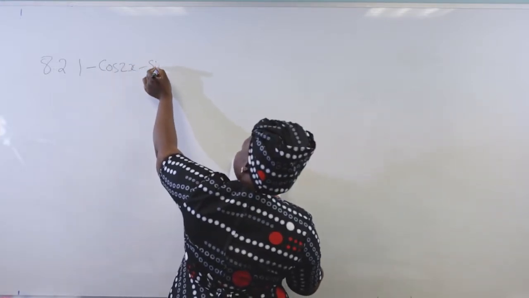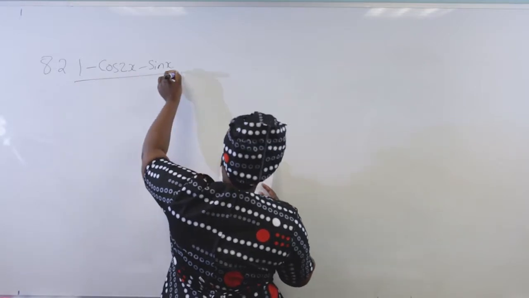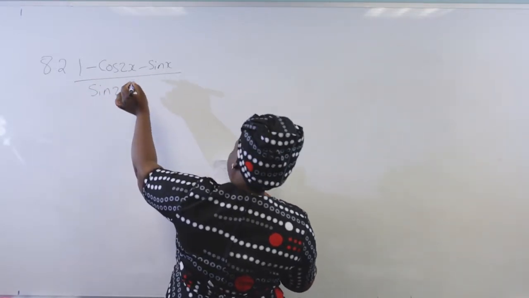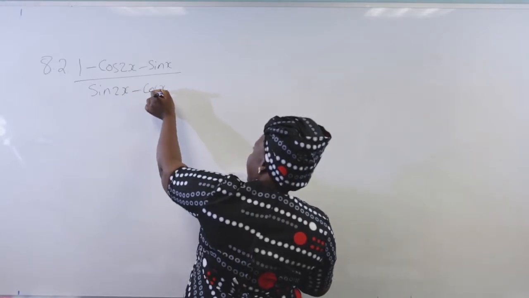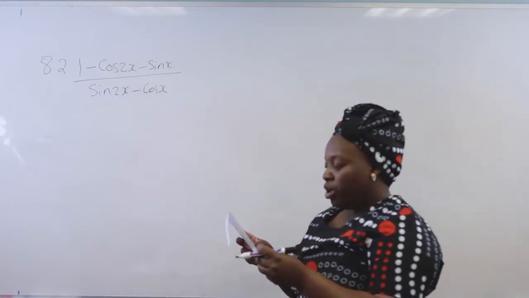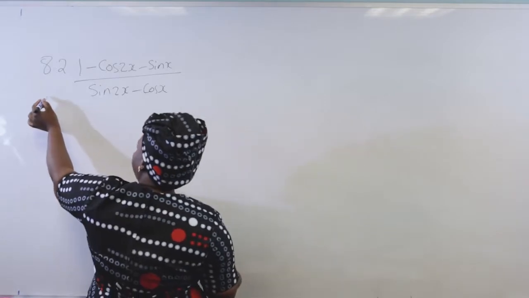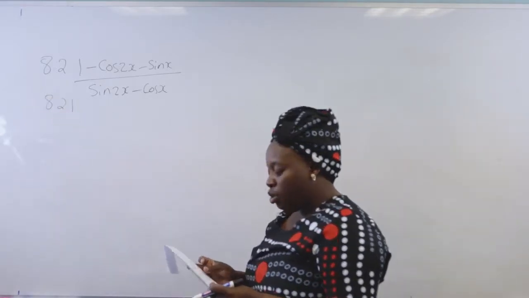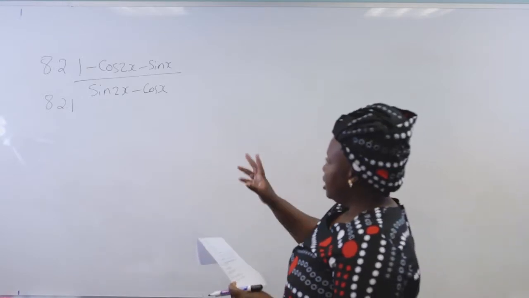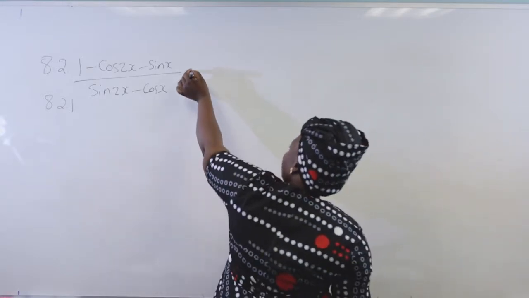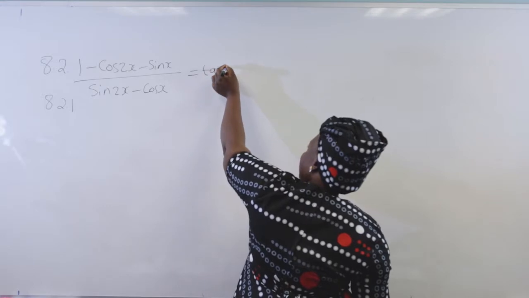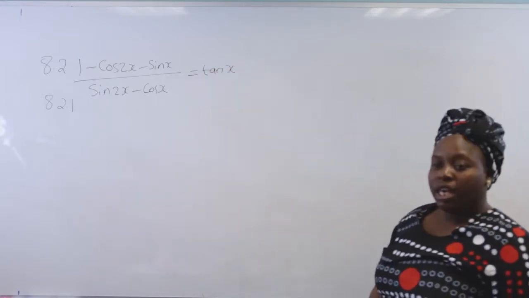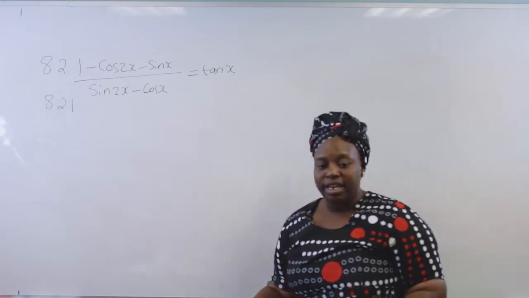This is the expression, 1 minus cos 2x minus sine x divided by sine 2x minus cos x. Now, in 8.2.1, we were told that we need to prove that this expression will be equal to tan x. So we need to prove that our left-hand side equals the right-hand side.